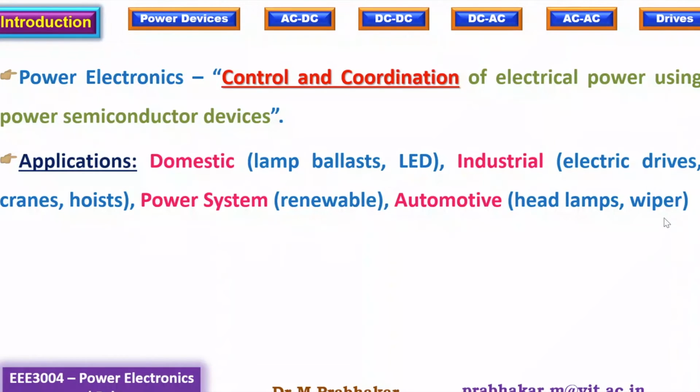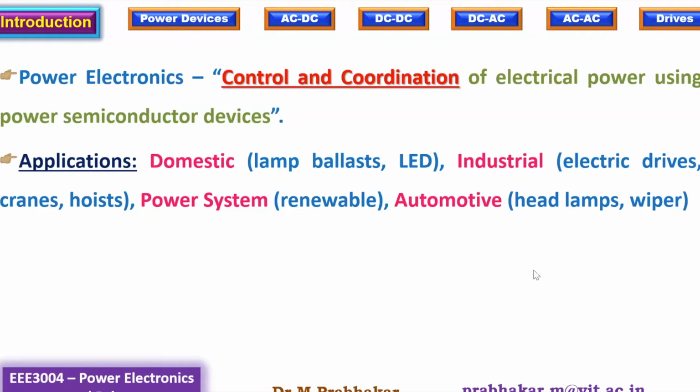So power converters are used. You have a power electronic interface between the battery and the electrical load. That power converter is going to give the electrical energy in the needed form, the electrical power that is needed by the headlamps or the wiper. So there again, power electronics plays an important role.